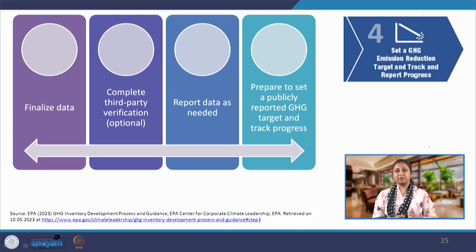So, we have to have the entire management of the company agree on setting a certain target and also achieving it, because if you remember the risks associated with climate change and emissions, we were talking about the transition costs. The company has to be ready to pay the transition cost of moving from a high emitting company to a low emitting company, because this might require changing the entire production unit or an entire machinery unit.